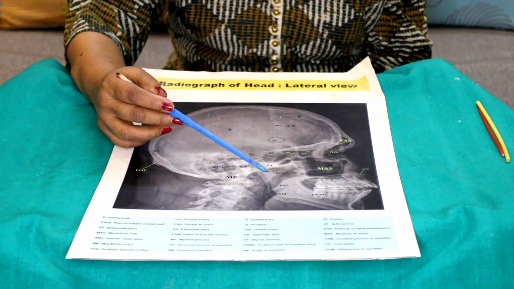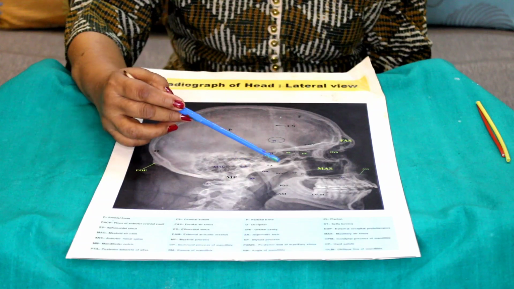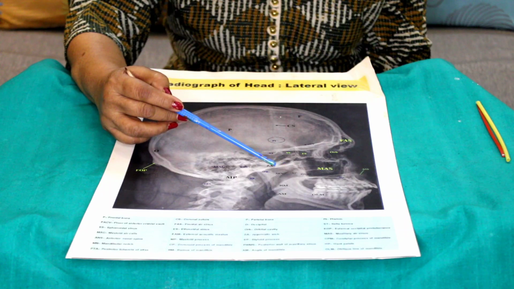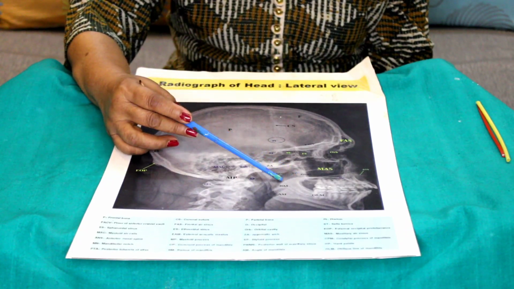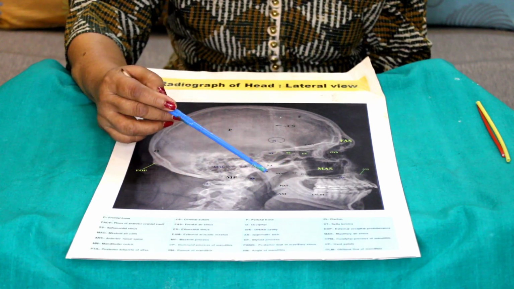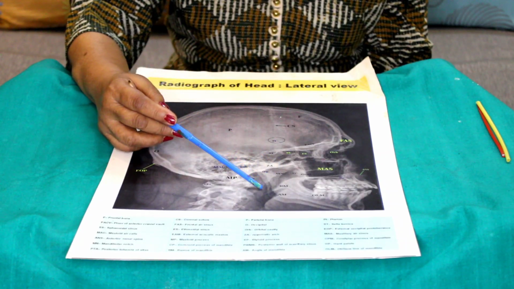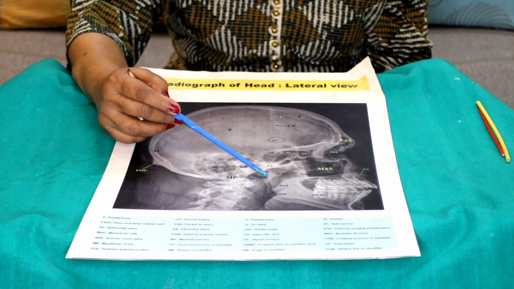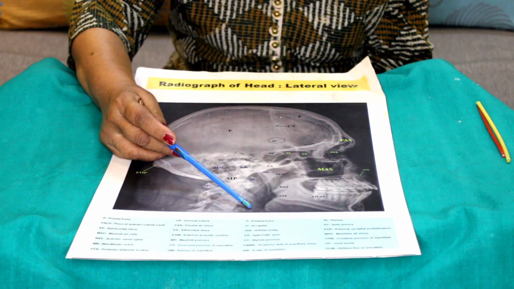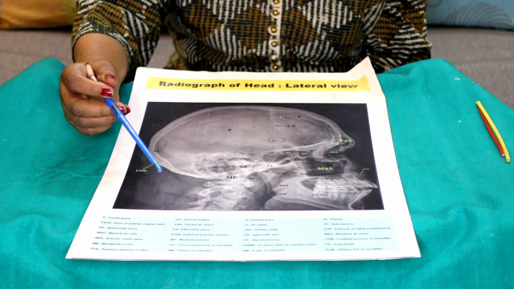Not only that, this is the ramus of the mandible, and here you can clearly visualize behind this maxillary air sinus some air-filled cavity. It is not so deep black, but black in appearance. This is the position of the nasopharynx, and ultimately it goes into the larynx. That means air passes through our voice box.